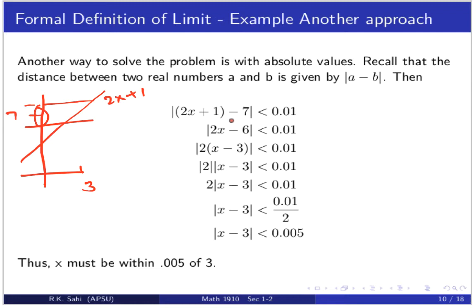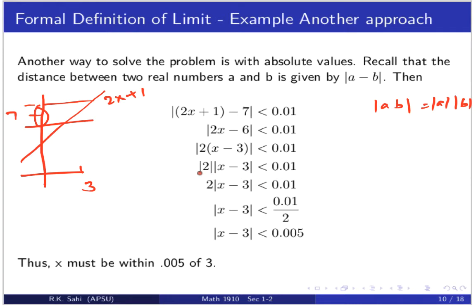So when you do simple calculations, |2x − 6| < 0.01, take the 2 common out, and you have |2(x − 3)| < 0.01. Now, absolute value properties: if you have a times b, you can write it as |a||b|. That's what we are doing. |2||x − 3| < 0.01.